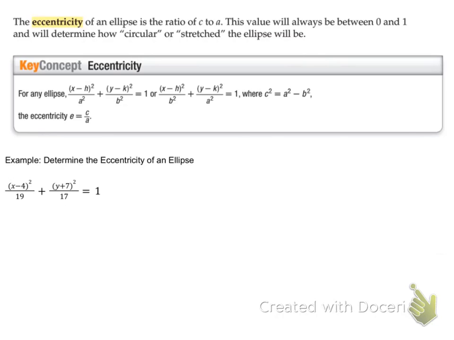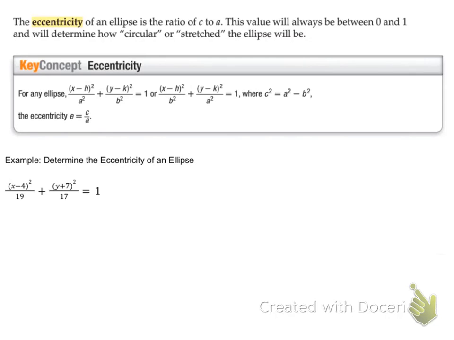The next one is eccentricity of an ellipse. Basically, how much of an ellipse is it? Is it circulish or is it ellipsish? Okay.